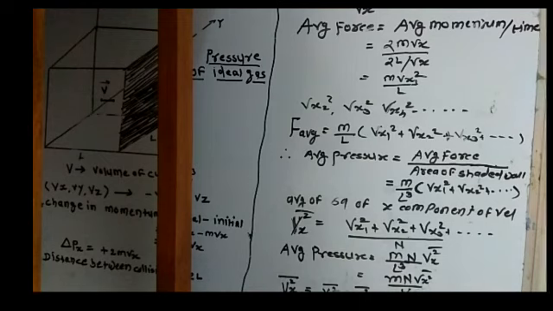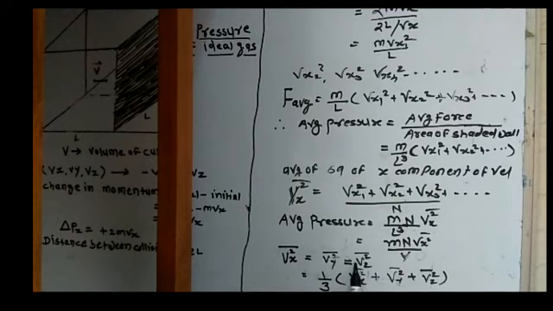But by symmetry, bar Vx square is equal to bar Vy square is equal to bar Vz square, that is equal to 1 by 3 in bracket bar Vx square plus bar Vy square plus bar Vz square, that is equal to 1 by 3 bar V square.